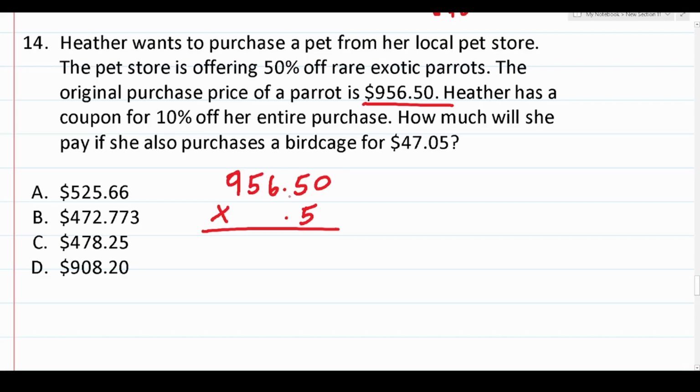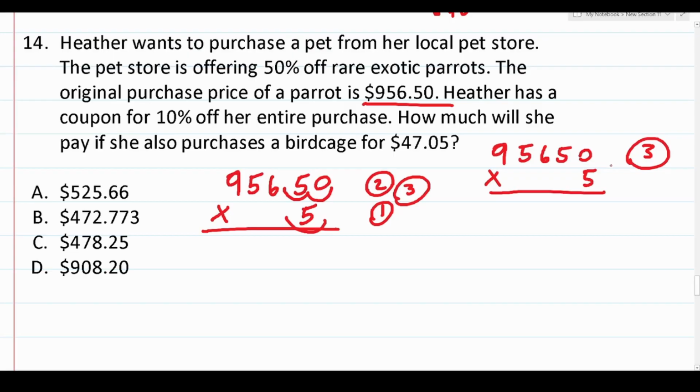Again, we're multiplying decimals, so let's shift the decimal in this one 2 times to the right, and in this one 1 time to the right for a total of 3 places. So this becomes 95650 times 5, albeit with 3 decimals to shift back into the left when we're done.